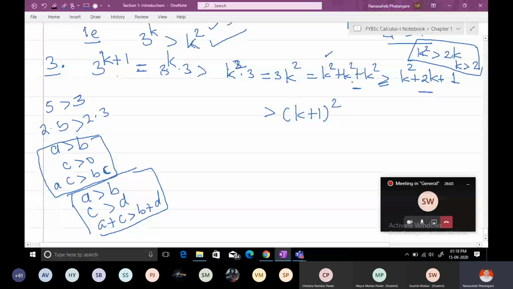k square is as it is, but k square is bigger than 2k, so I replace k square by 2k, and I replace k square by 1. Since 1 is smaller, the result is smaller, right? And this is the philosophy. Suppose you have 3 bags, each with 5 kg of mangoes. I keep the first bag as it is.